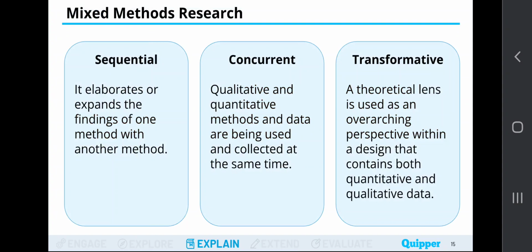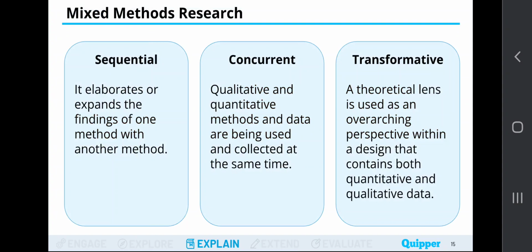And transformative talks about a theoretical lens used as an overarching perspective within a design that contains both quantitative and qualitative data. So these are very important key points that you need to remember when we are talking about mixed methods research.